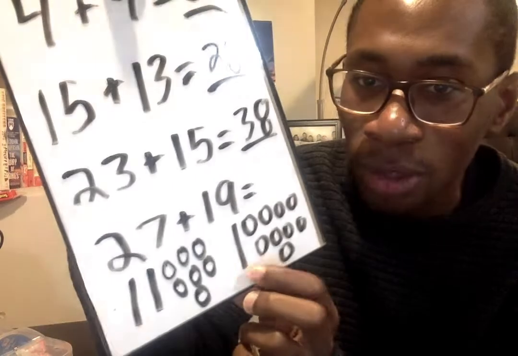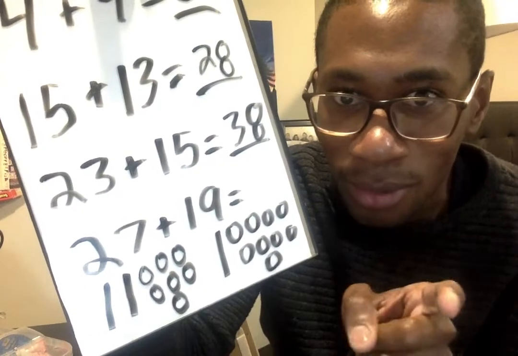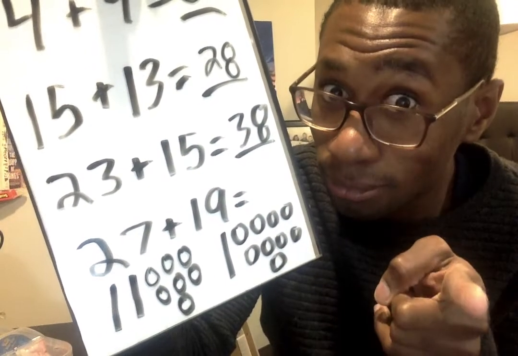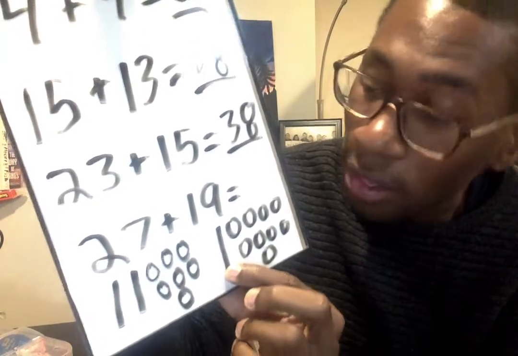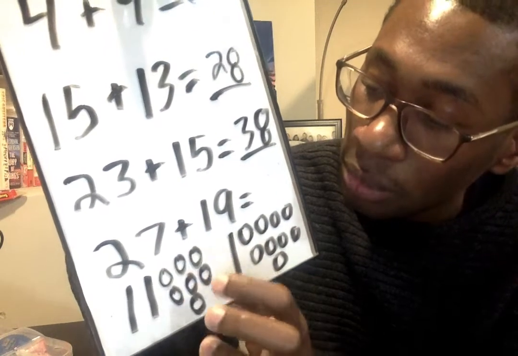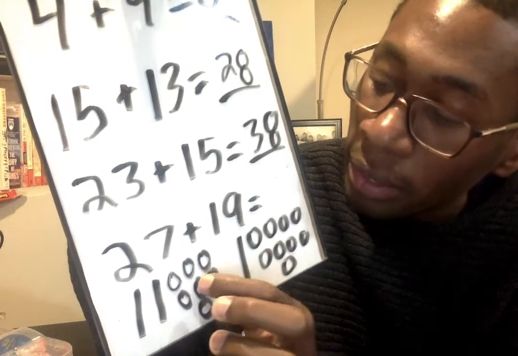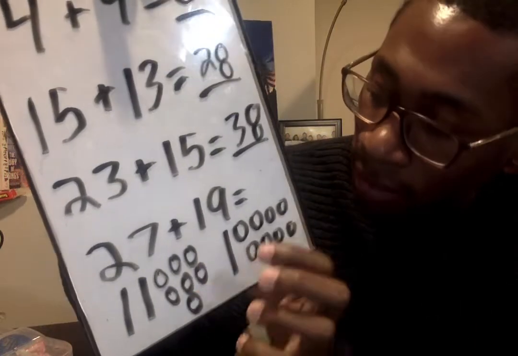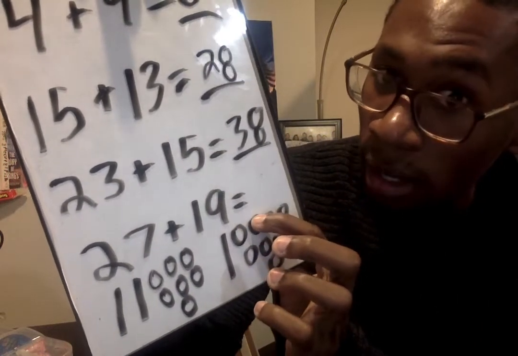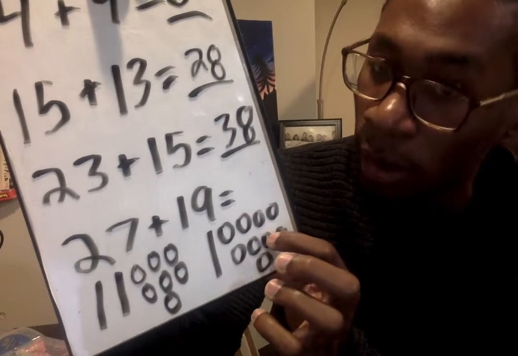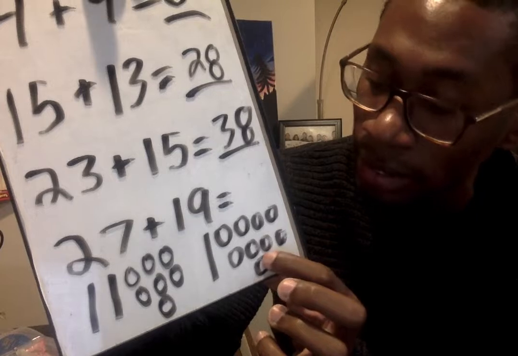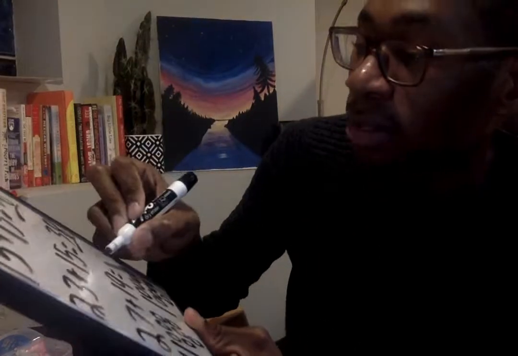But I got to make sure I include this other 10. Okay, get ready. Don't get tricked like me. 10, 20, 30, 31, 32, 33, 34, 35, 36, 37, 38, 39, 40, 41, 42, 43, 44, 45, 46. So my final answer is going to be 46.